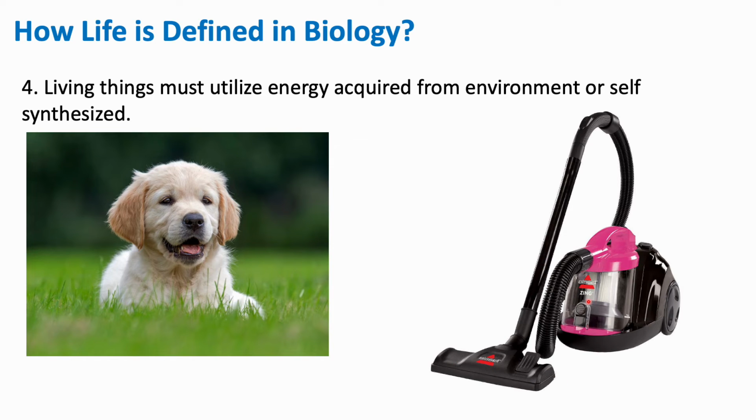One could argue that the vacuum does acquire energy from the environment because we plug it into an outlet and the electricity is a form of energy for the vacuum. But realistically, this does not apply to the vacuum because we are talking about acquiring energy, converting it into the form of ATP and then utilizing that to carry out functions.